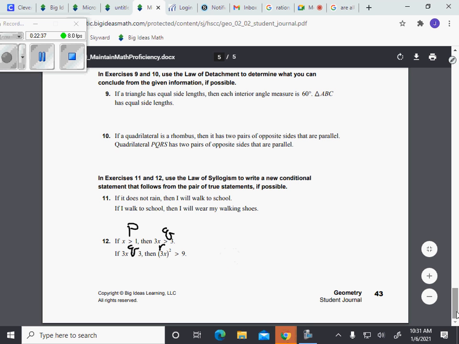Our new conditional statement is if x is greater than 1, then 3x squared is greater than 9. So if P, then R. That is the law of syllogism, or chain rule.